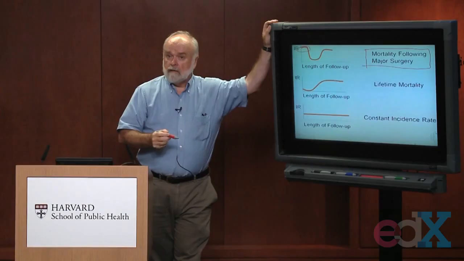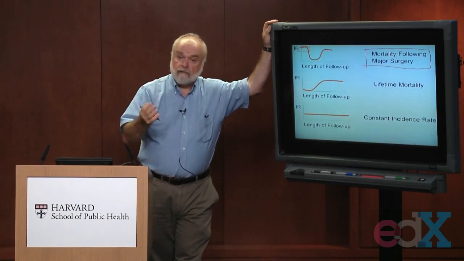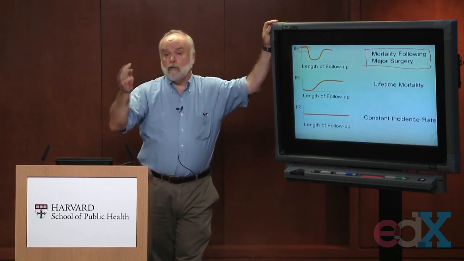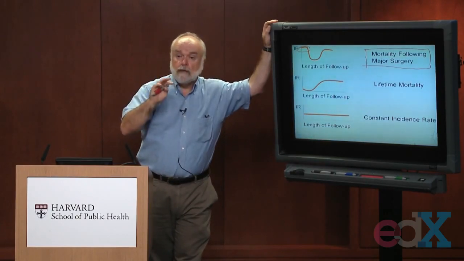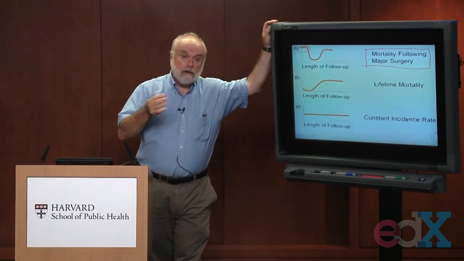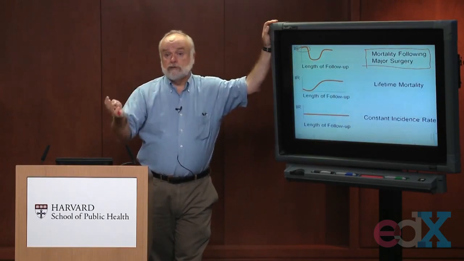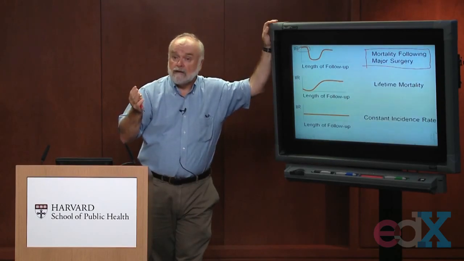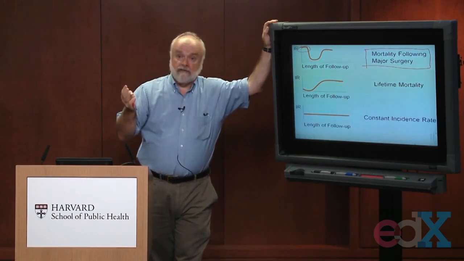But if you make it off the table, if you survive the surgery, and you survive the following days or weeks in the hospital when you're closely being monitored in the intensive care unit, and you're finally discharged, you're being discharged because your surgeons and the other physicians feel that you've survived this high-risk period. You're going to have the benefit of that surgery.